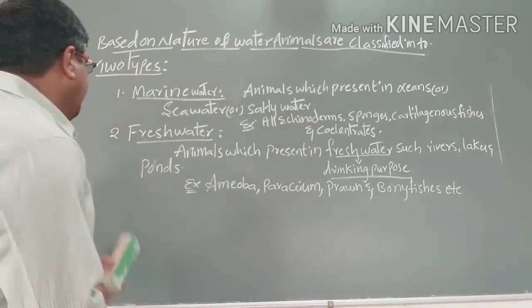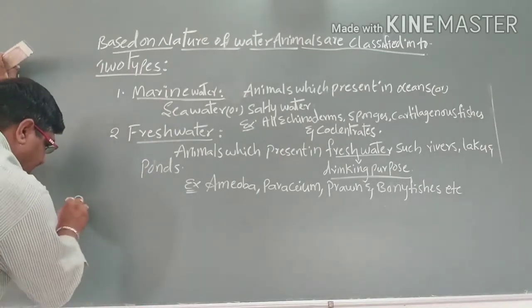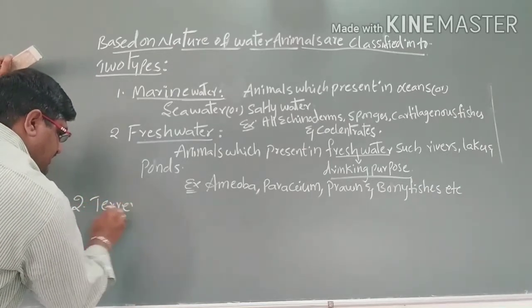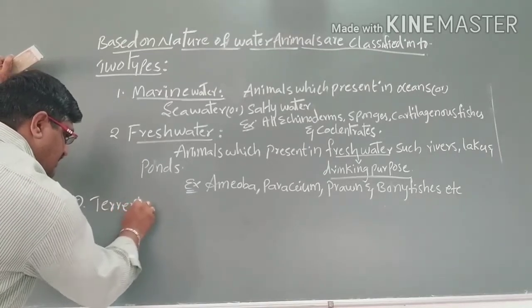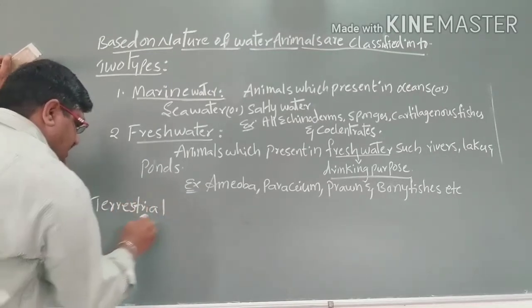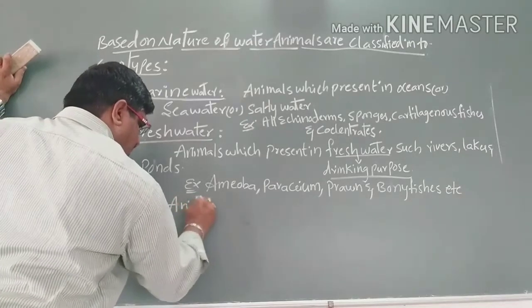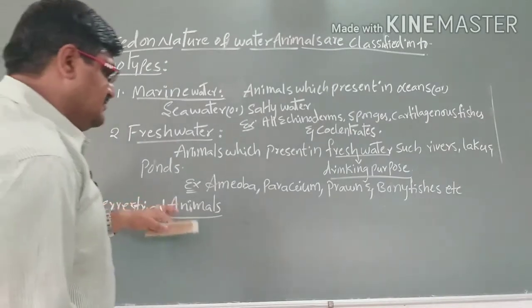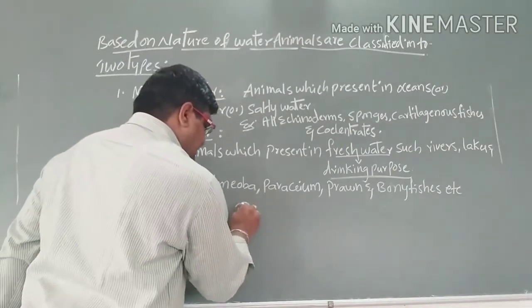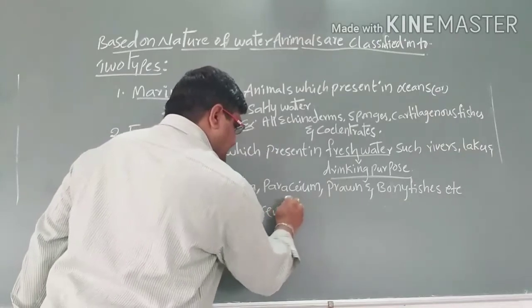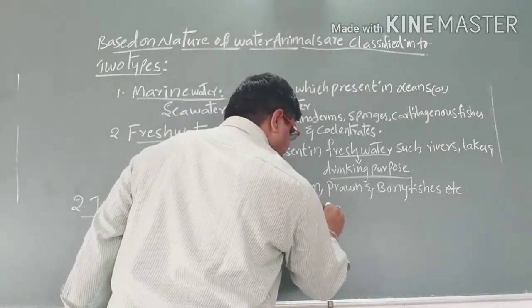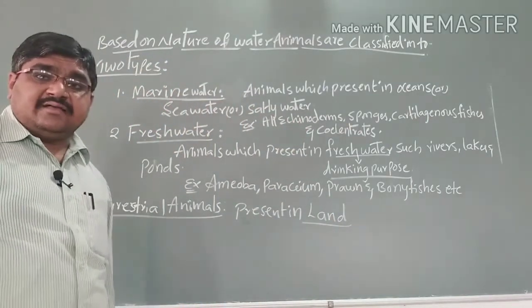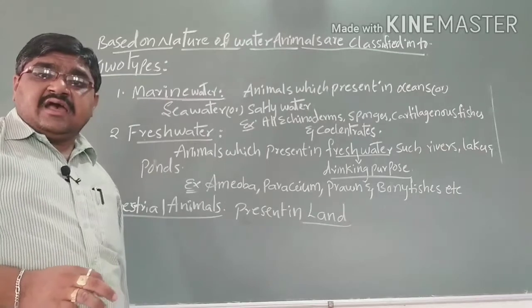Next, the second one, which we have already studied, is the terrestrial animals. Terrestrial animals means the animals which live on land.